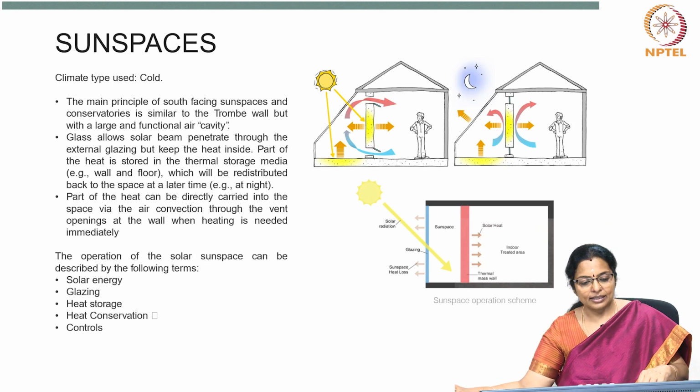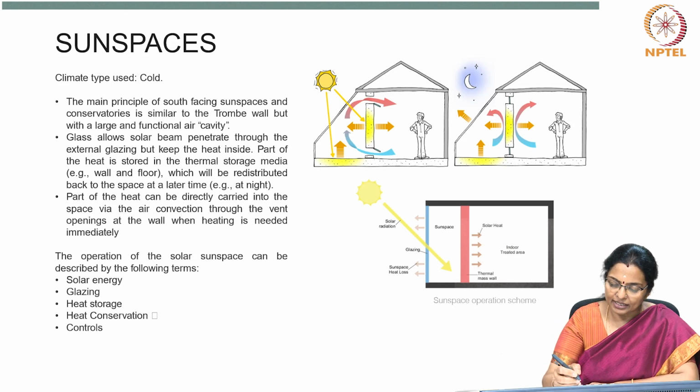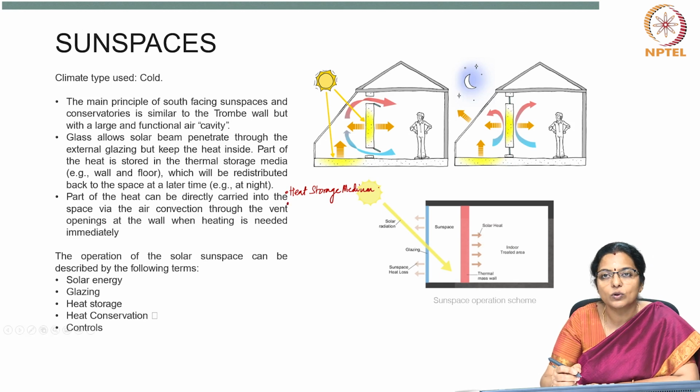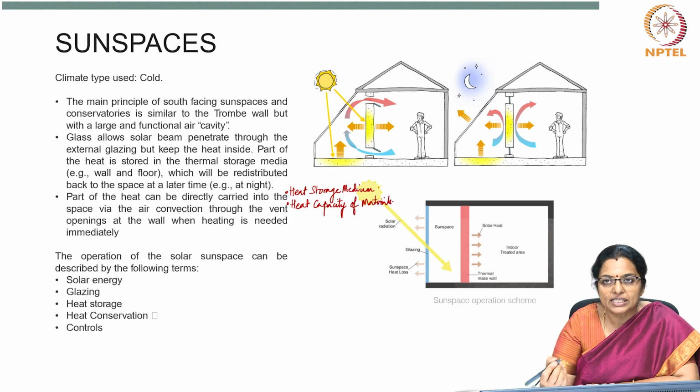So, with this slide, we have seen some very important and crucial keywords. Those words are heat storage medium, and I have applied all these terminologies to one advanced passive design, which is a sun space. Then heat capacity of the material, which is a physical property.